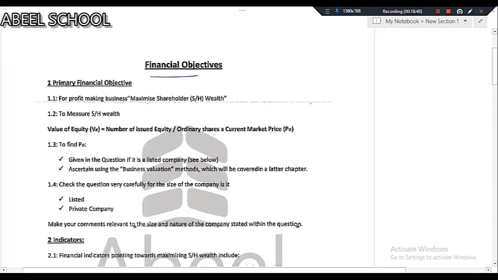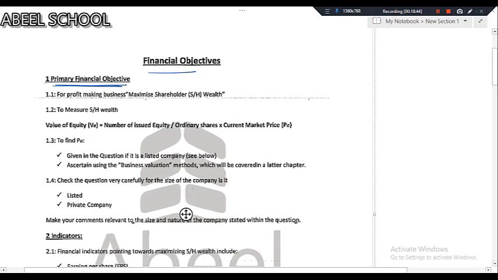Financial management, number one: let us discuss what the primary financial management objective is.